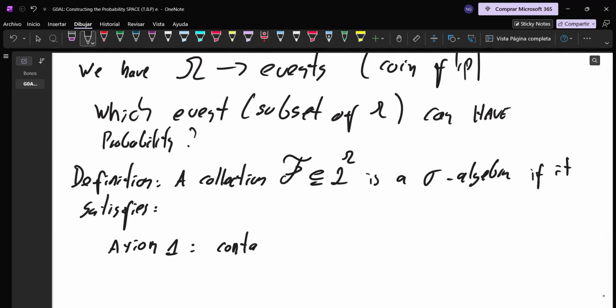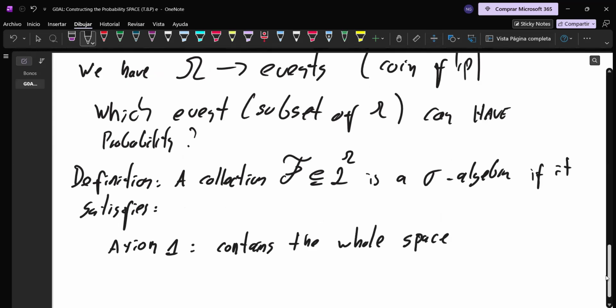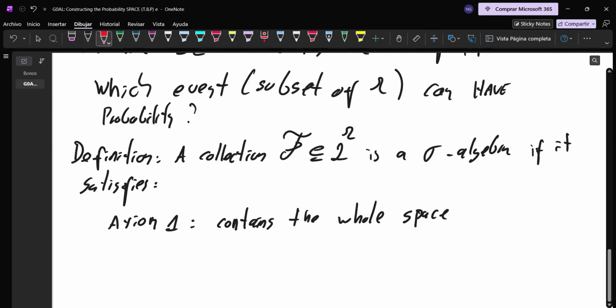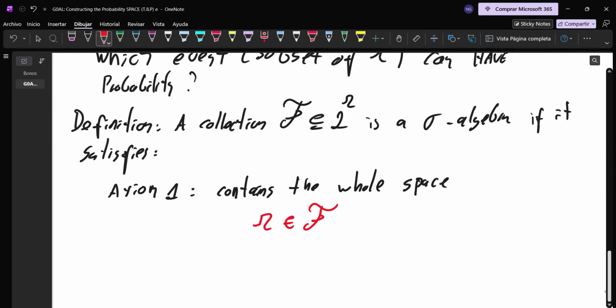This is trivial. Omega is an element of F. Omega exists in F.